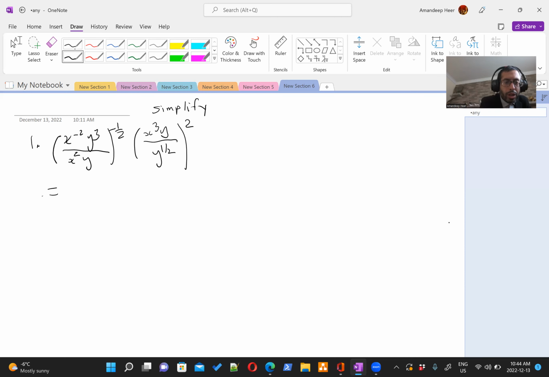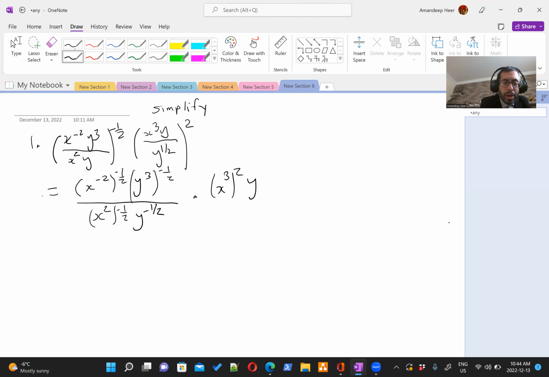You write this as x to the negative 2 to the negative a half, y cubed to the power of negative a half, over x squared to the power of negative a half times 1 over negative a half times x squared, y squared. You see, it's not fun, but you've got to do it. So I just distributed the exponents to each side.